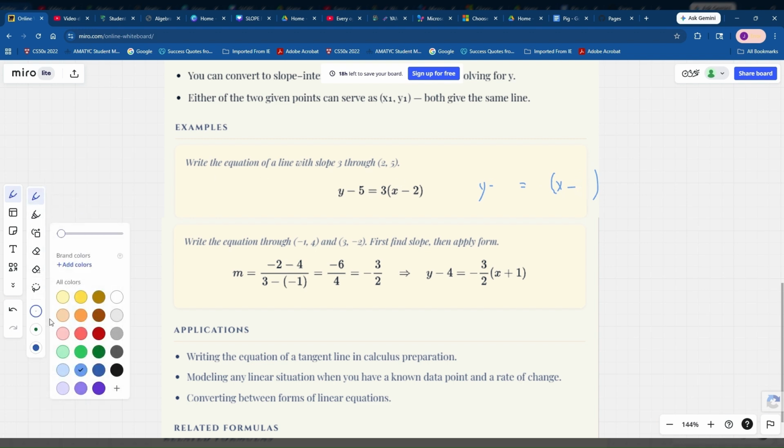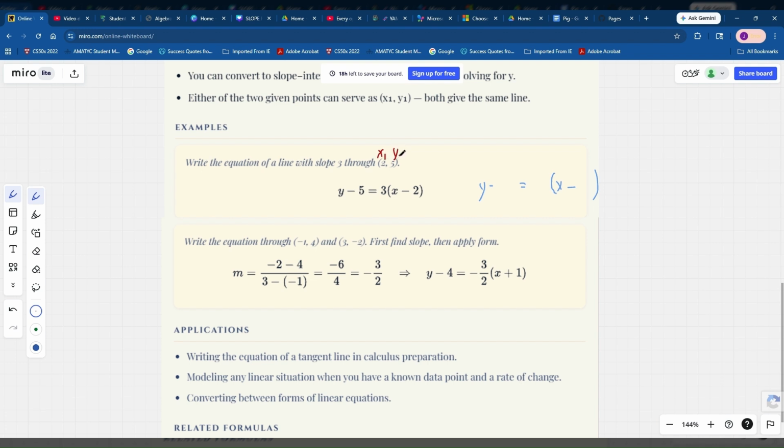So we could put in for y1 a 5. That'll be what goes here.